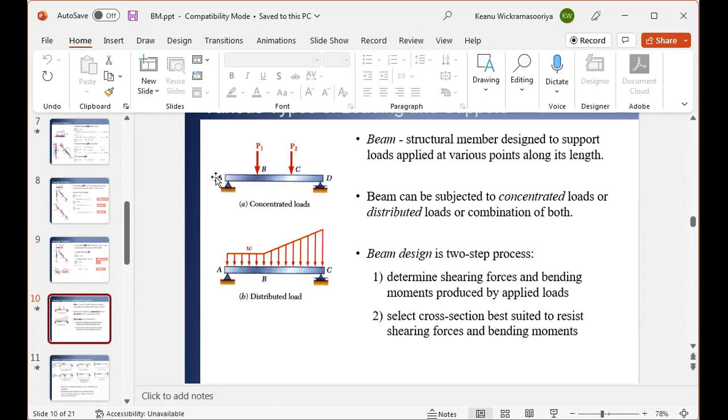Because if you take this part AB and make a cut somewhere before B, then you have a reaction here, and to stop that reaction at A, you need an opposite force of the same size.